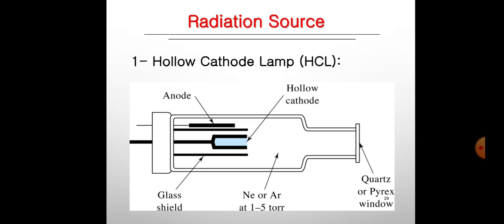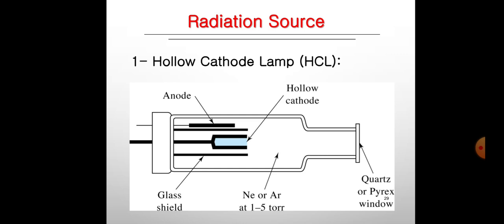So when you apply a high potential between anode and cathode, the inert gas inside the lamp will be ionized, and then the ions will bombard the cathode surface, and the cathode element will be evaporated into the gas phase.